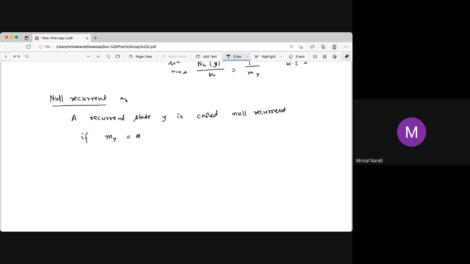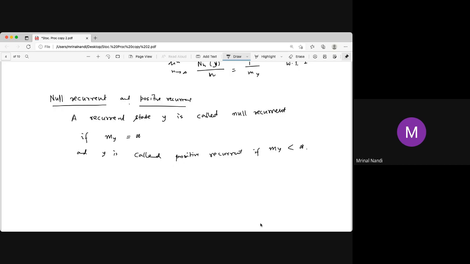And it's called positive recurrent, y is called positive recurrent, if this m_y is finite. So the classification of states is not just transient and recurrent.